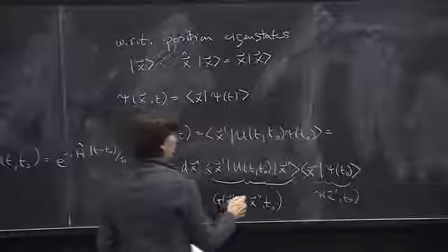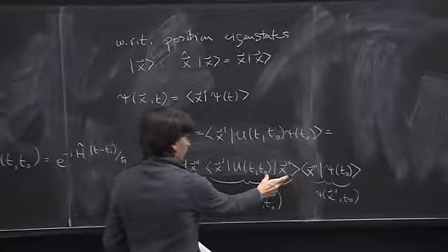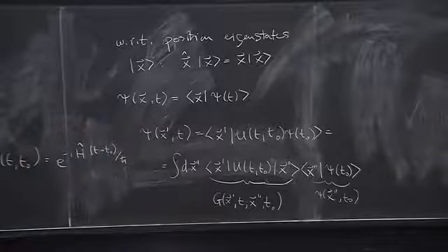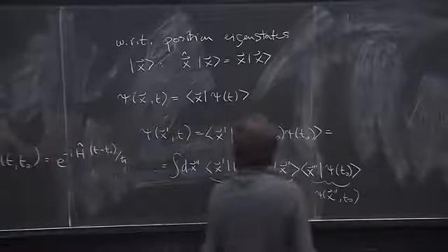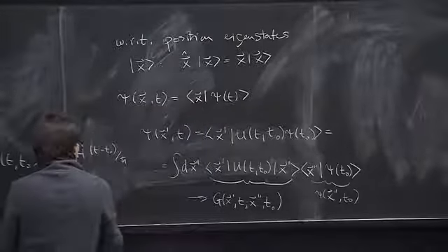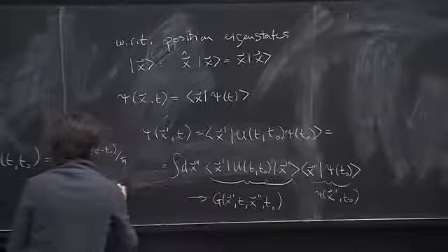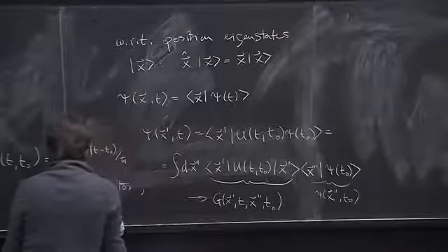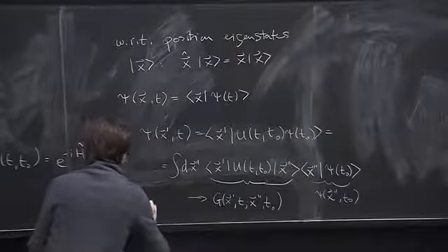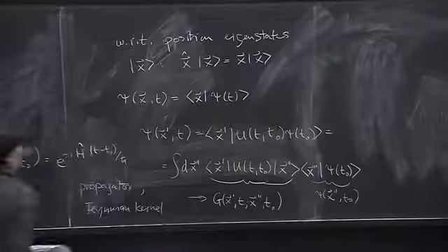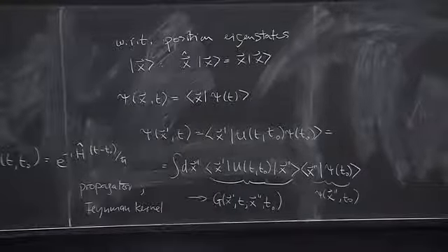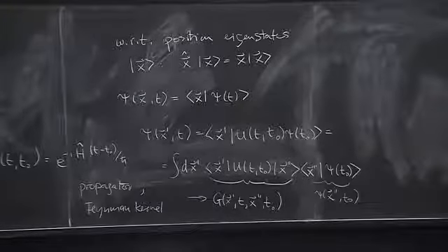So kind of an initial time and location and a final time and location. So this object G is called the propagator, or the Feynman kernel. It's really a Green's function for this Schrödinger operator.